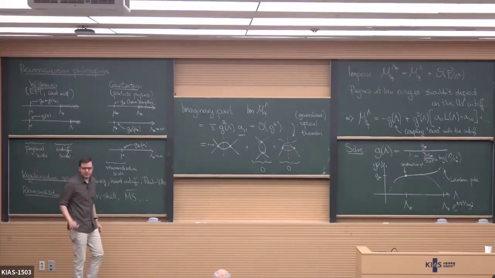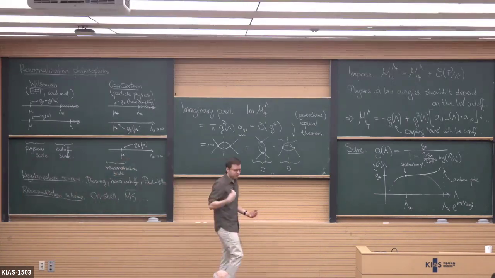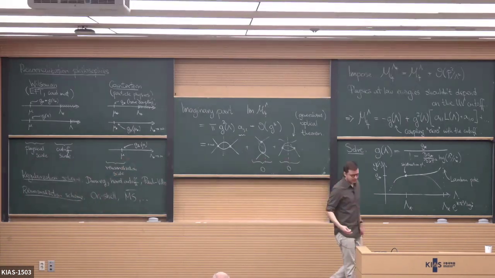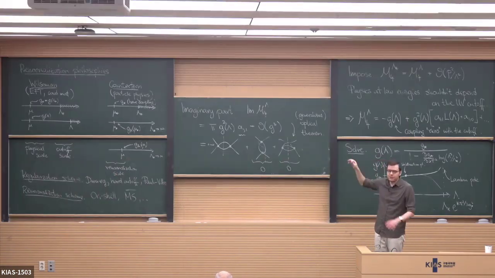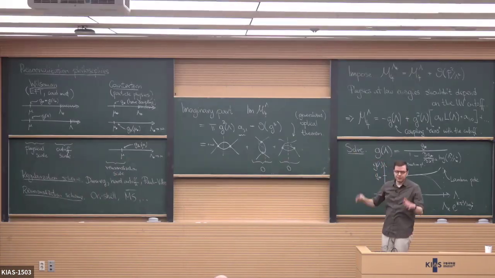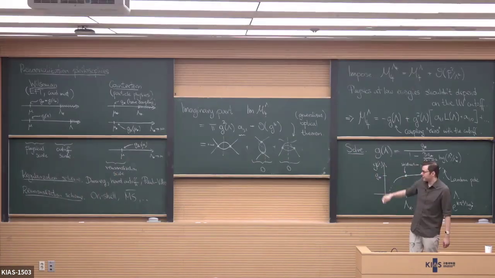Yeah, up to details, yes. The detail is how you interpret the result. But as I said, the math, especially at one loop, is almost one-to-one. They would find the same result. Just the interpretation is slightly different if you remove the cutoff or you run the scale.